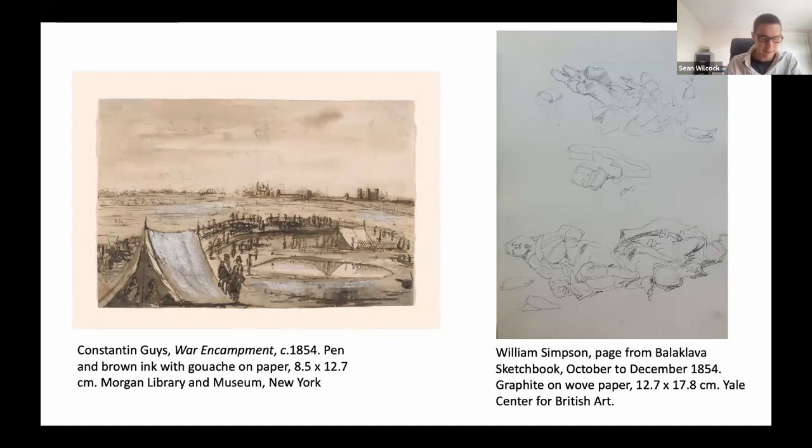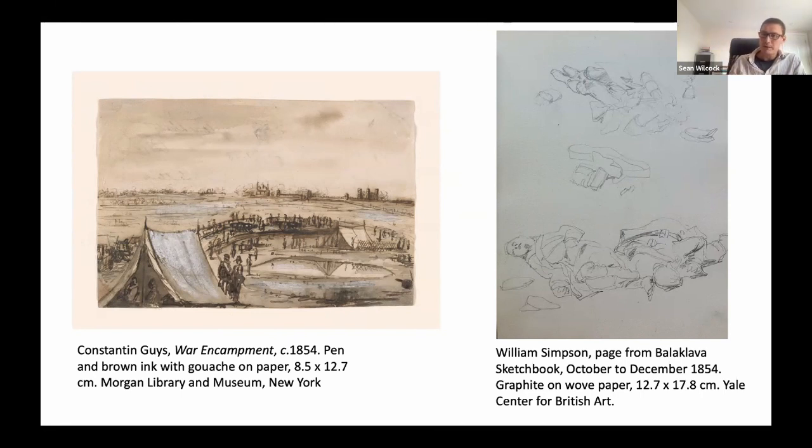And I'll say a little bit more about that in a moment, but it's worth recalling here that famous essay, Painter of Modern Life, by the French poet Charles Baudelaire. Art historians in the audience will no doubt be familiar with this, as will many modernists. And in that essay, Baudelaire is sort of rhapsodic about the sketches that were emanating from artists working in the Crimean War.